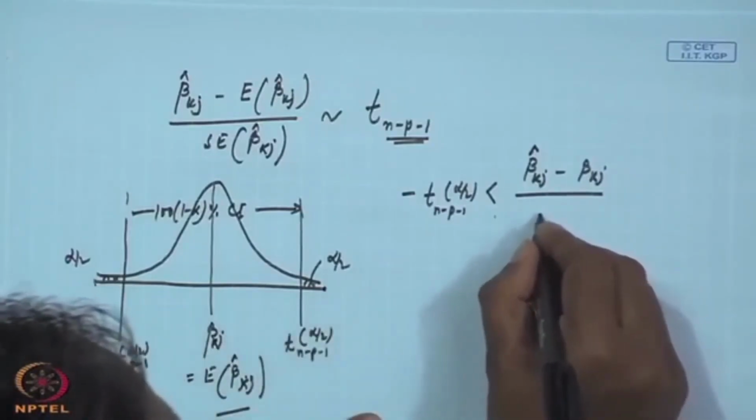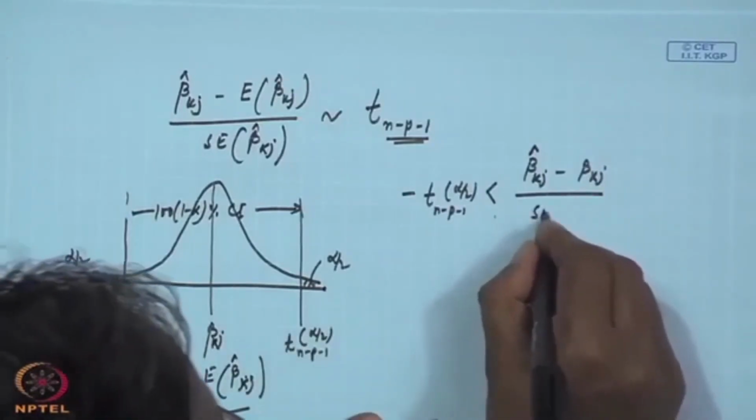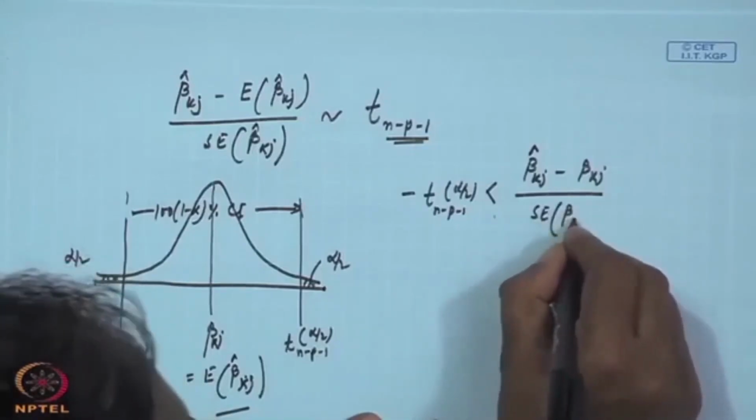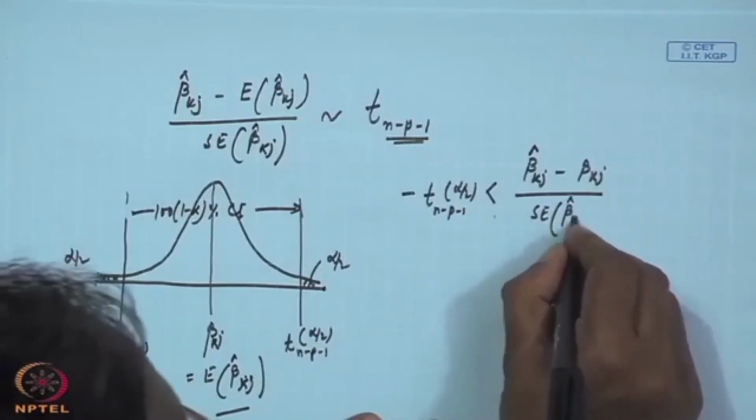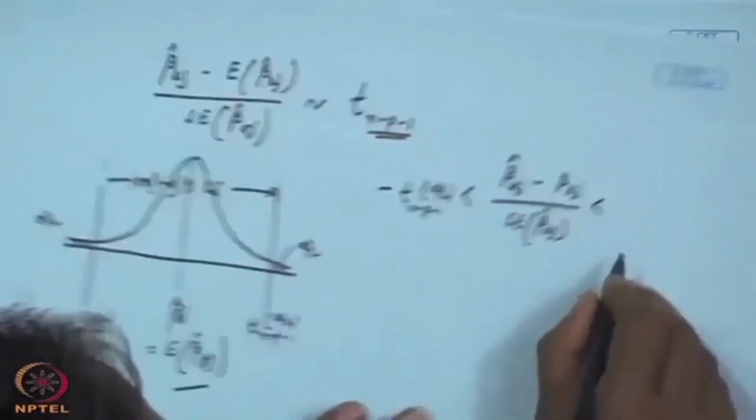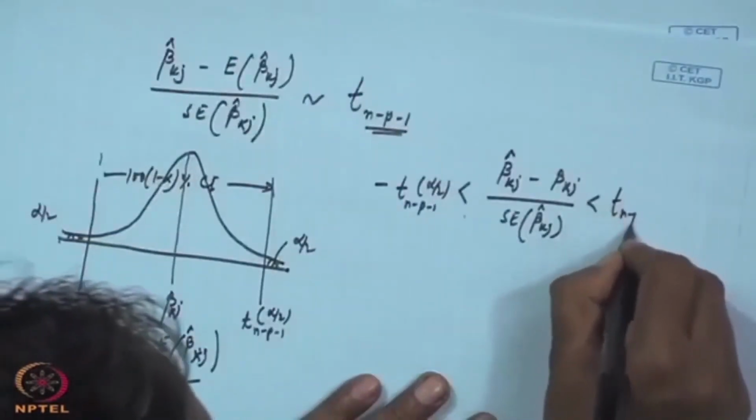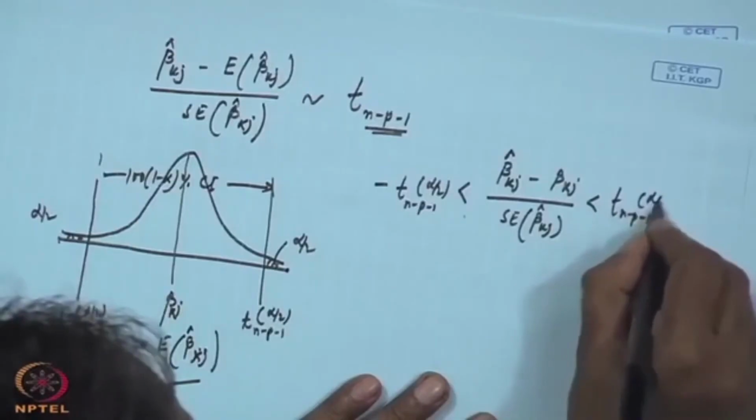So, straightaway I am writing this, because you can have beta kj less than or equal to t n minus p minus 1 alpha by 2.